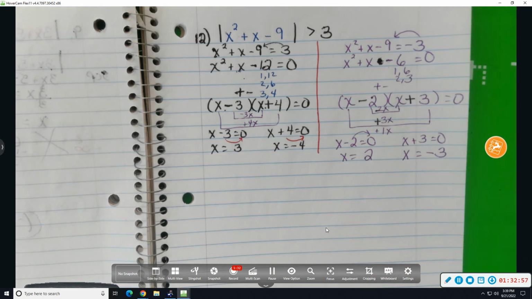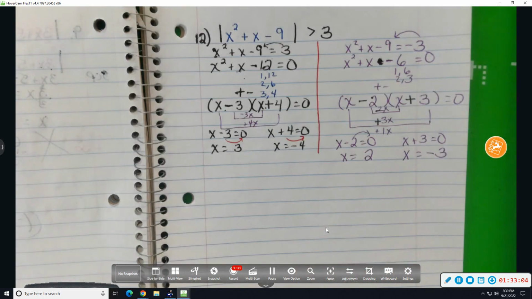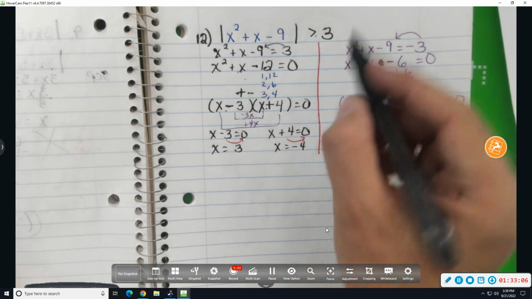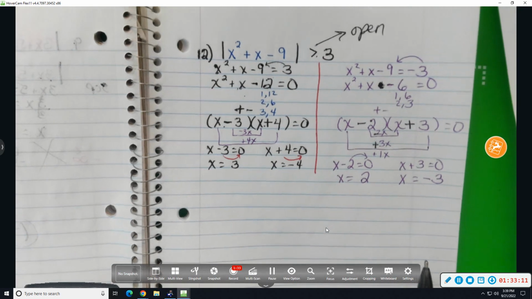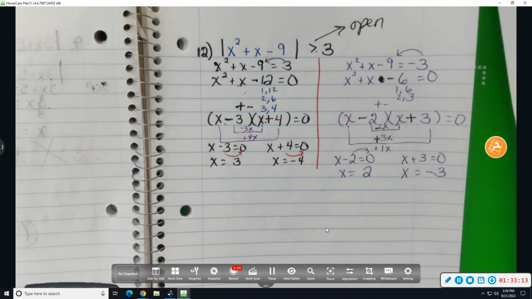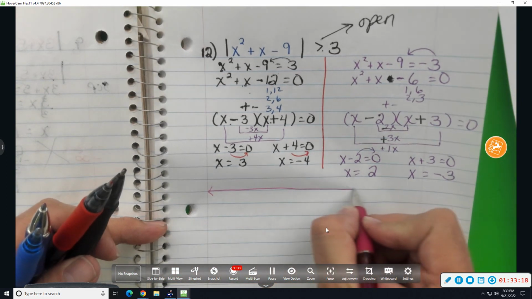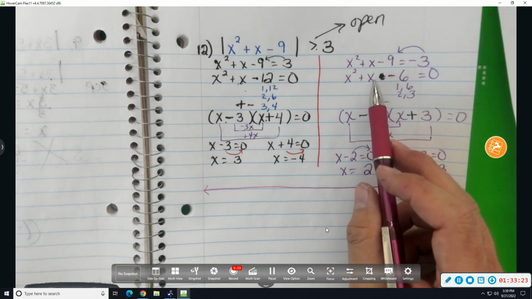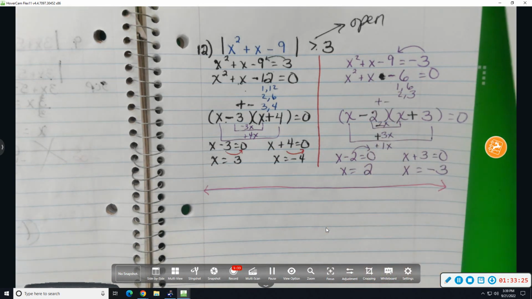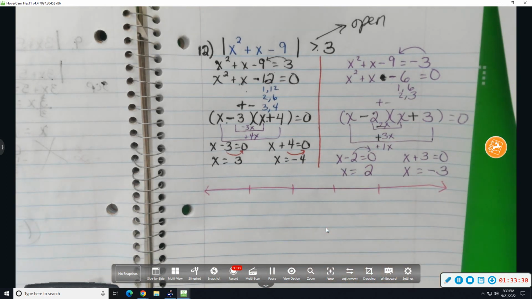With solution cut points, open or closed circles depend on the symbol. We're going to have open, because there's a greater than right there. Let me just make a note. Oops, open. So I'll draw the number line. This was a little bit more work because they're both quadratic, but it's not that bad, is it? Got to arrange the 4 numbers on the number line.